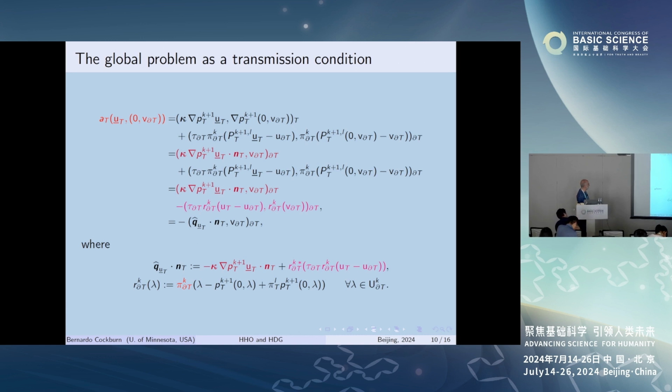This operator here, we take the adjoint and put it there, and then we factor out V in the border, and we get V in the border times something, and this something has this form. And this is exactly the numerical trace that we were looking for.